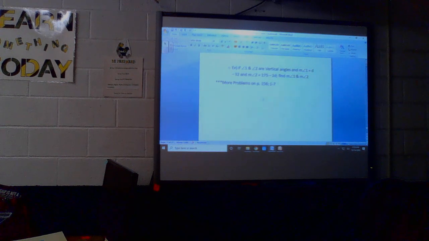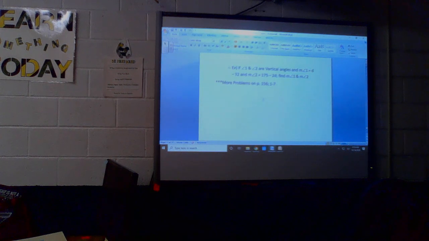So the key to this whole thing is the first part, right? If I have vertical angles, what's true about angle 1 and angle 2? They're congruent or equal to each other, right? So what do I do to solve? I take my two quantities that are given to me and set them equal to each other and solve.